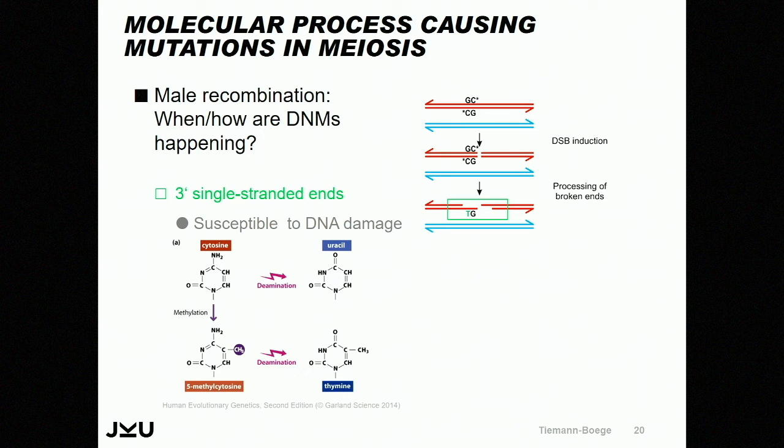If you have a deamination of a methyl cytosine, you produce thymine. Thymine is actually a naturally occurring base, so the cell would not know that you have a deamination event. If you have a uracil, this might trigger the repair machinery and have it removed.